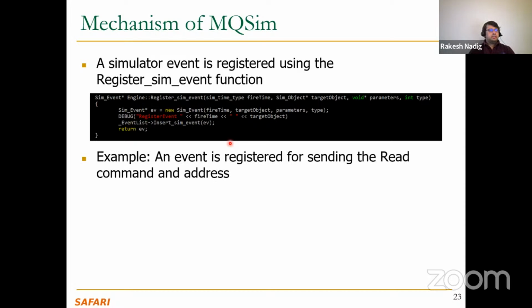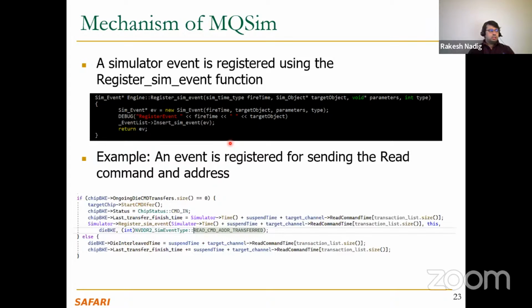So an event is registered, let's say, for sending a read command and address. We call the register sim event function, and we give the time: the current simulator time plus suspend time plus the read command time. This is the timestamp for the event to get executed.